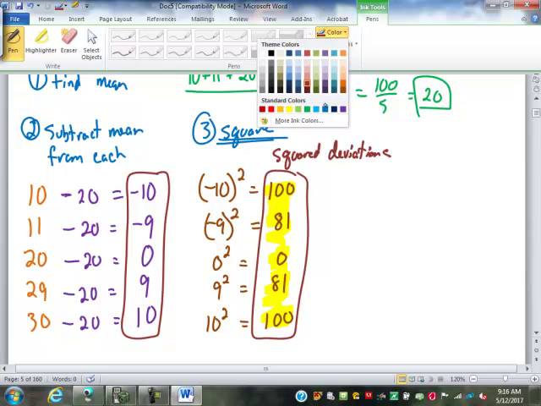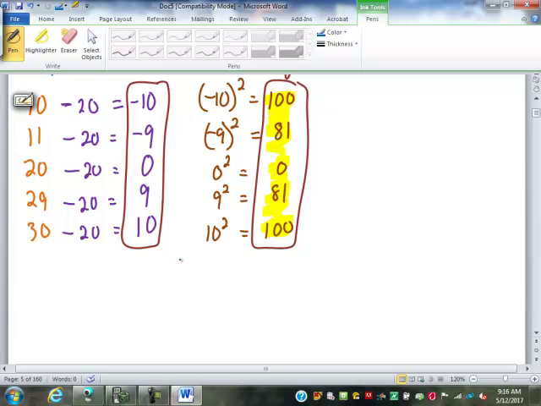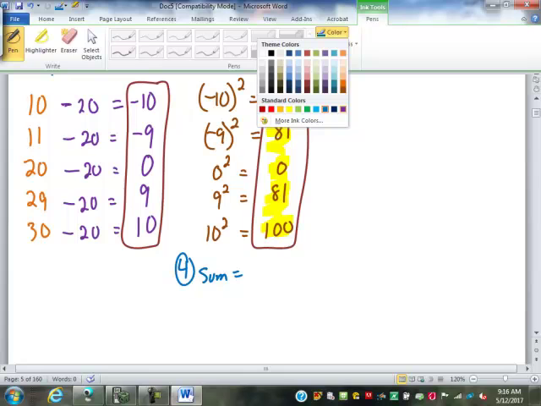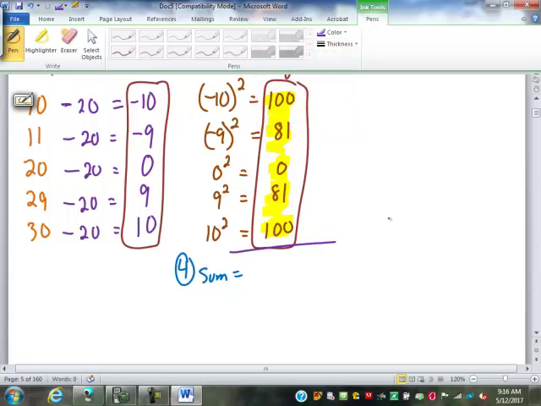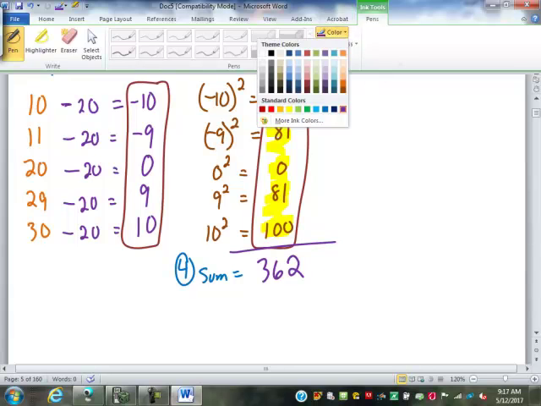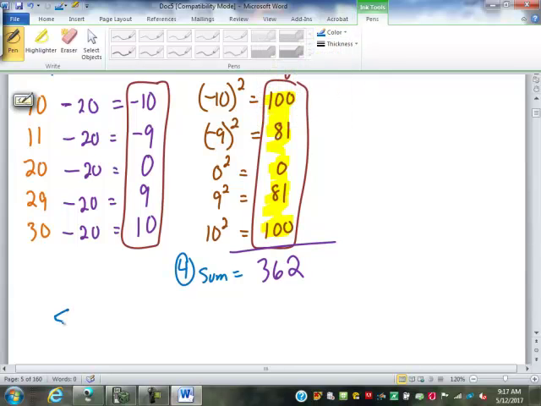What's my next step? Add them up. Find the sum. If I add those all up, what do I get? 362. That is the sum of the squared deviations. What's step 5? Divide by n minus 1.